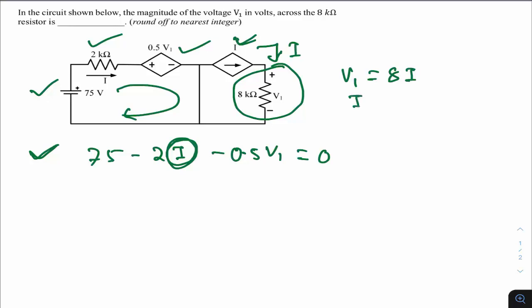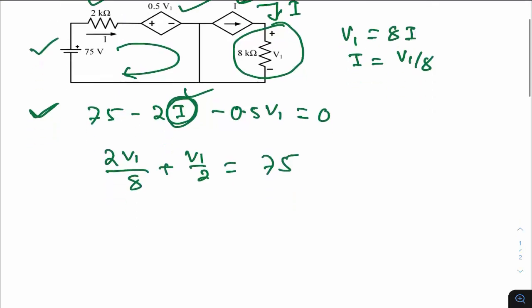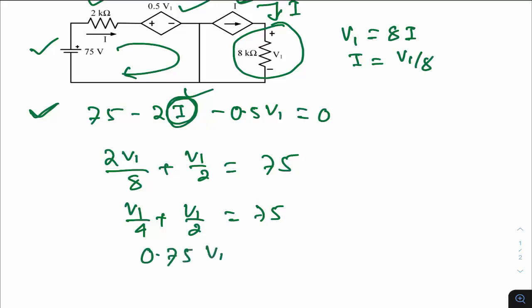So you need i in terms of V1, right? So i is equal to V1 by 8. You can substitute it here. So 2i is 2 V1 by 8, plus 0.5 V1, which is V1 by 2, is equal to 75. So this is V1 by 4 plus V1 by 2 equals 75. 0.25 plus 0.5 is 0.75, so 0.75 V1 equals 75.